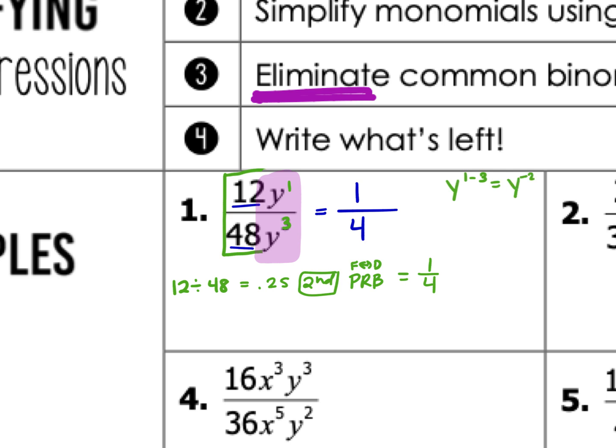And then remember that negative flips it down. So it becomes 1 over y squared. You are welcome to do that every time, but that's not the way I think through it. I look at where my bigger exponent is. There's a 3 and there's a 1. The bigger one is on bottom, so that's going to leave me with a y on bottom. And then I just subtract. 3 minus 1 is 2. So this is your simplified answer.